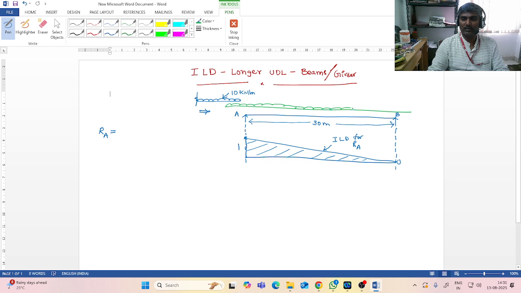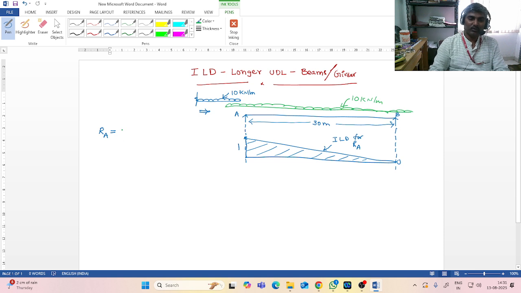You can see the UDL is longer than the span. The load value is 10 kilonewton per meter. Now to get the quantity of reaction when there is UDL on the span, you need to multiply the load value with the area occupied by that load of the ILD for that particular quantity.